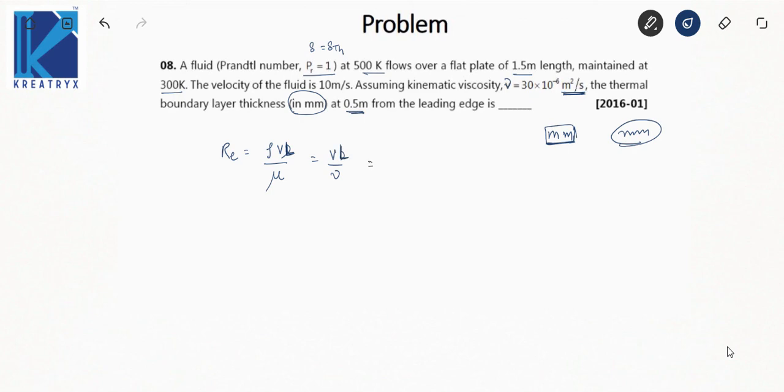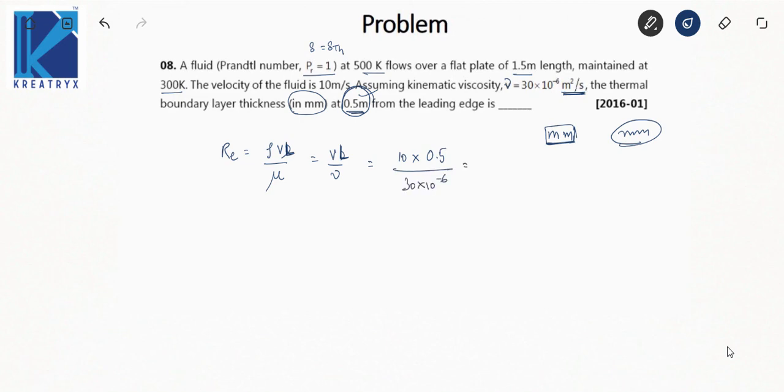So putting in the values: velocity is given as 10, and L is 0.5 meters, because you have to find the boundary layer thickness at 0.5 meters. So you have to know what the flow is at 0.5 meters. So L is 0.5 upon nu, which is 30 into 10 raised to the power minus 6.